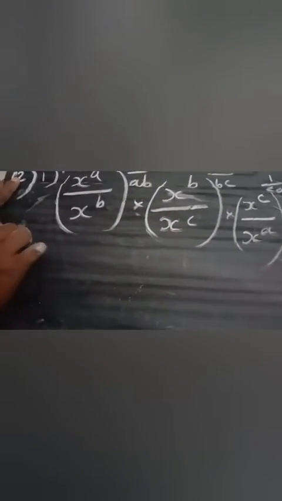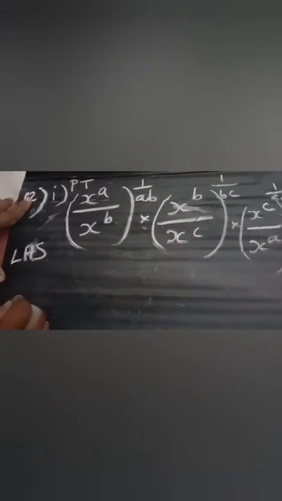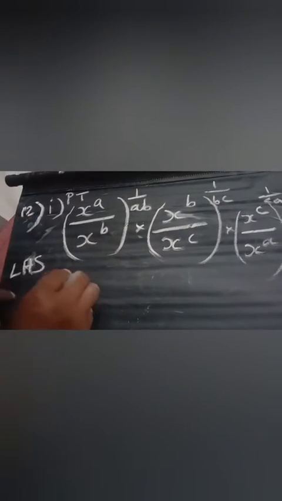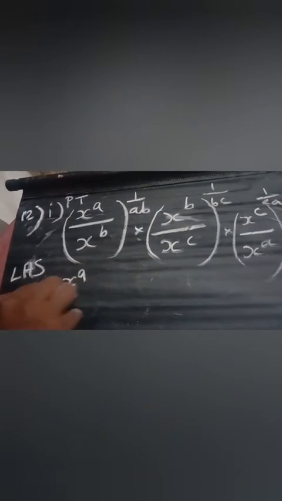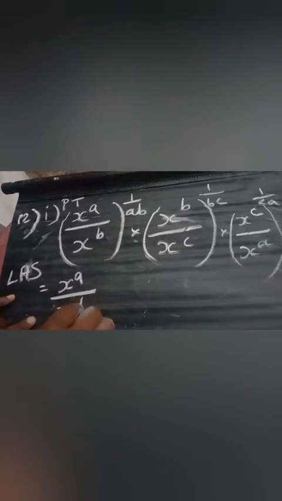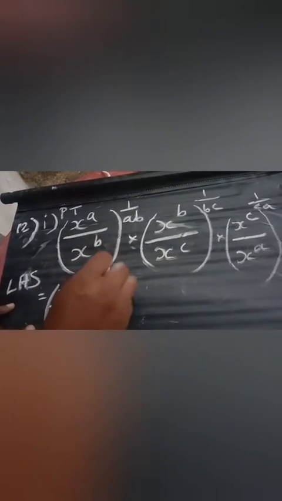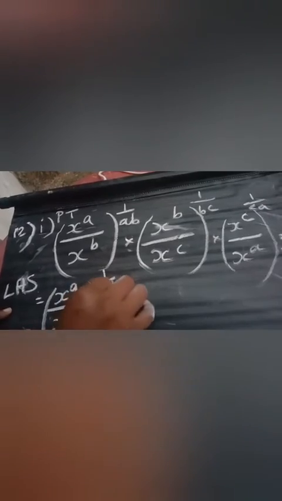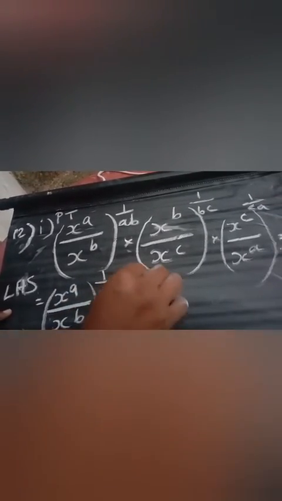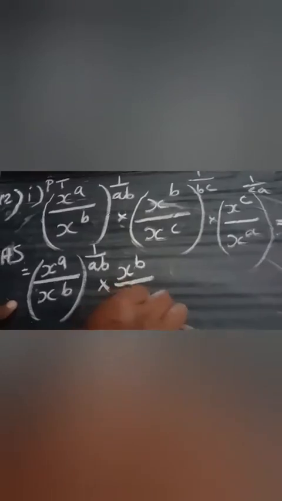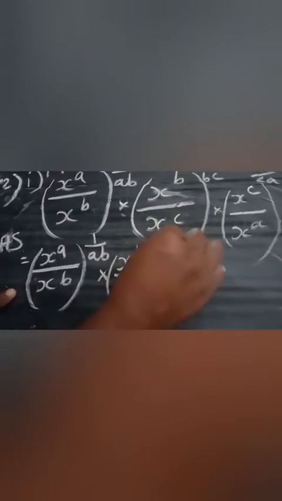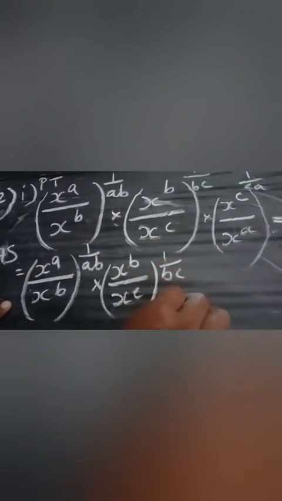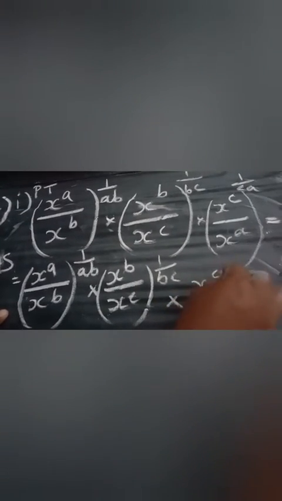So LHS, left hand side, is equal to x raised to a by x raised to b whole raised to 1 by ab, into x raised to b by x raised to c the whole raised to 1 by bc, into x raised to c by x raised to a the whole raised to 1 by ca.